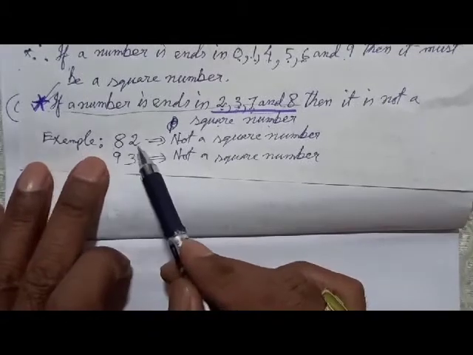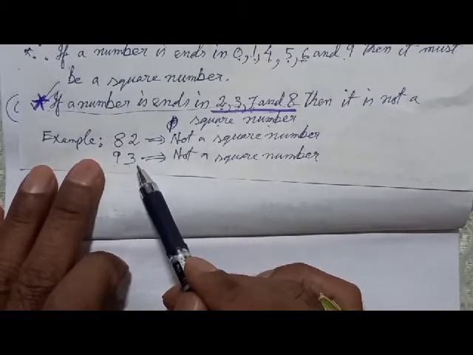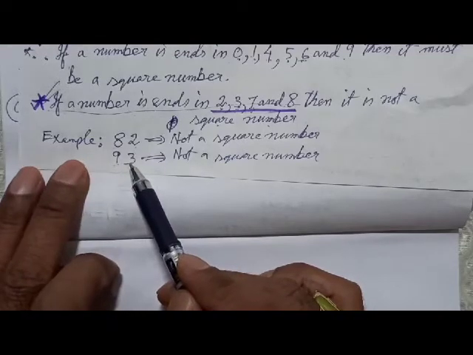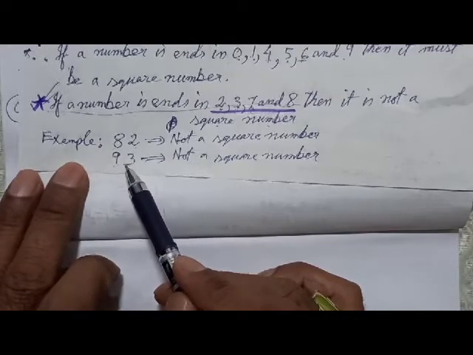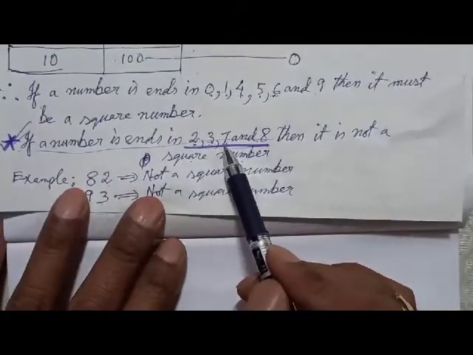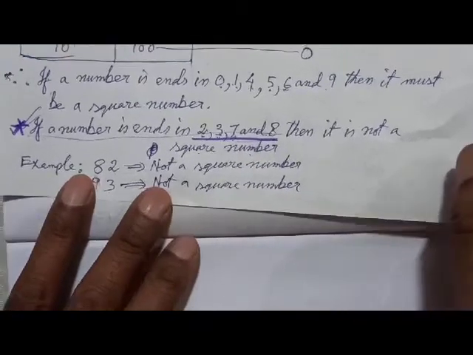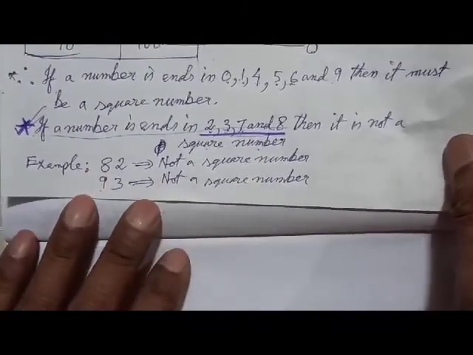So here this 82 ends in 2, so this is not a perfect square. Here this number ends with number 3, so this is also not a perfect square. So if a number ends in 2, 3, 7 and 8, those numbers are not square number. Okay, let's use this. Square number and perfect square are same.